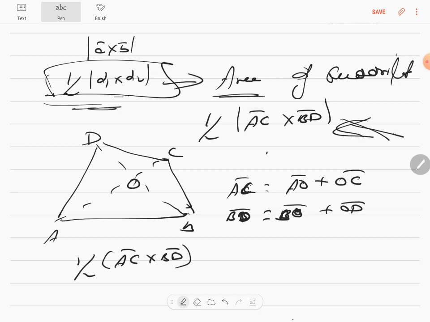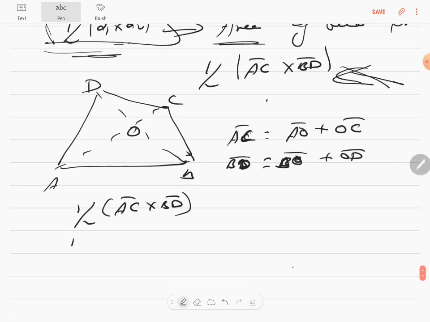Half of AC cross BD can be written as half of, what is AC?